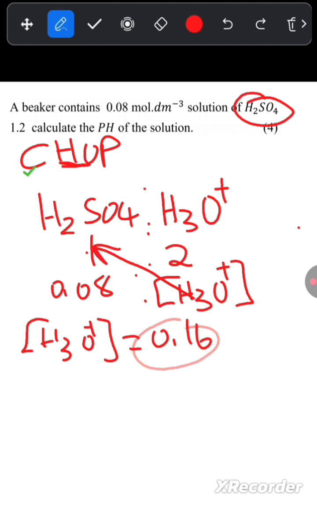This multiplied by 1 is this. Then 2 multiplied by 0.08 is that.